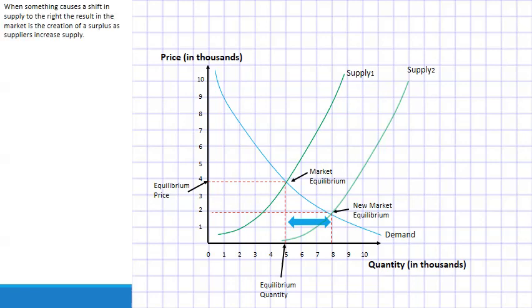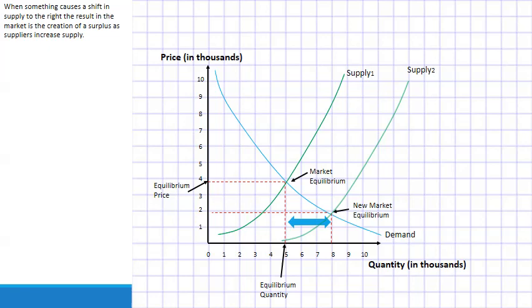Now think about things that cause a shift in supply to the right. We might have an increase in technology, which allows us to produce the good cheaper. We could have a decrease in input prices. Maybe the price of one of the substitute goods in production decreased, making this good more of an incentive for our suppliers to produce.